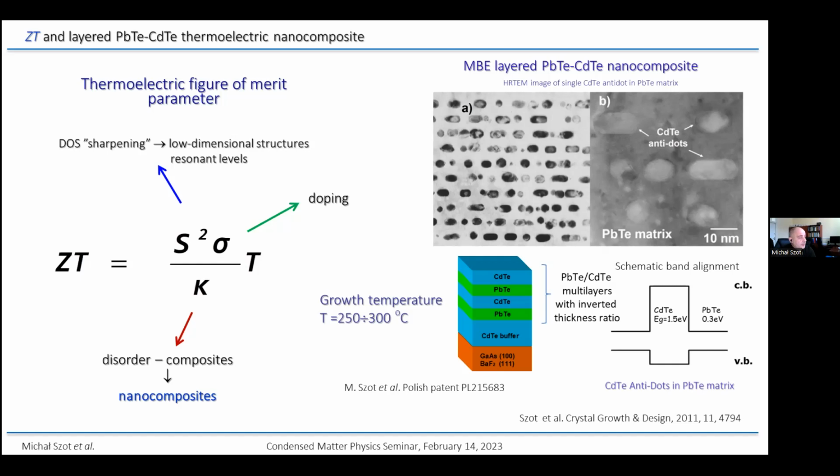Nevertheless, we can try to increase the ZT parameter by preparation of low-dimensional structures, or by additional doping, or by increasing the temperature, or by introducing other elements or other phases to the sample.